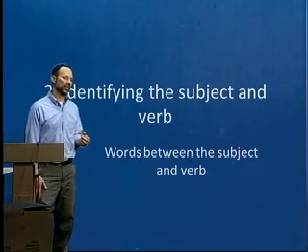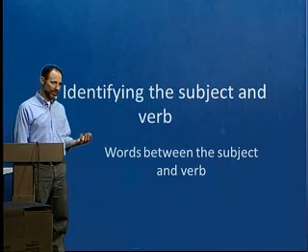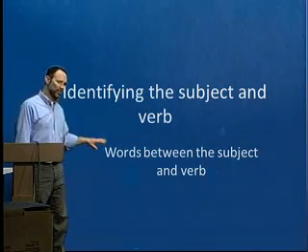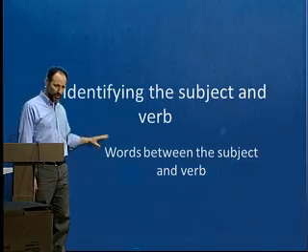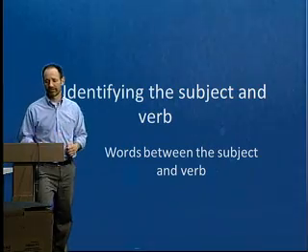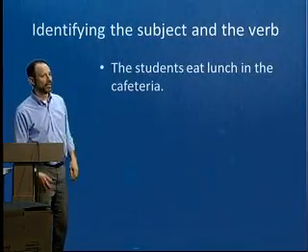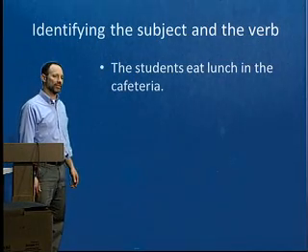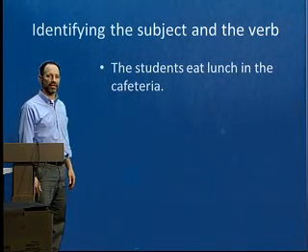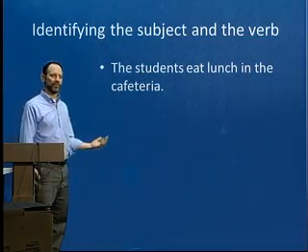Let's move on and talk a little bit about identifying the subject and the verb, especially when there's words that are between the subject and the verb. So if we look here, the students eat lunch in the cafeteria. I usually start by finding the verb.